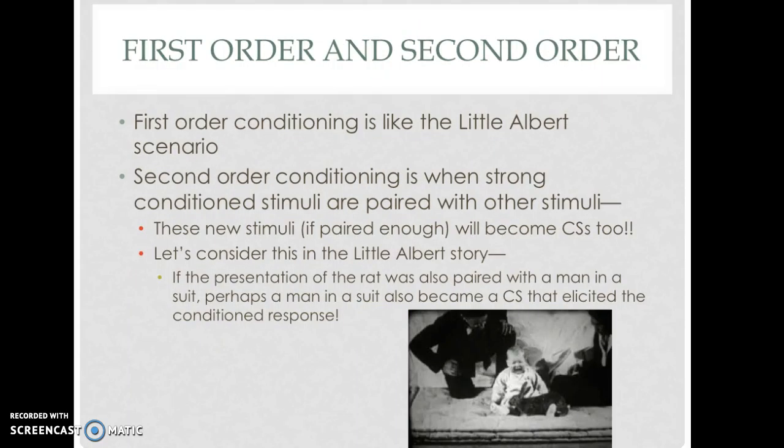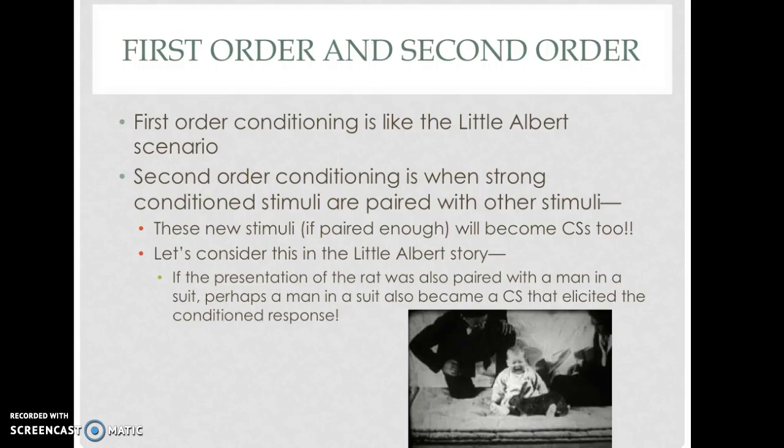There are two types of respondent conditioning, first order and second order. First order conditioning is like the Little Albert scenario. A neutral stimulus is paired with an unconditioned stimulus and becomes a conditioned stimulus. In second order conditioning, conditioned stimuli are further paired with other stimuli, and those new stimuli will become conditioned too.